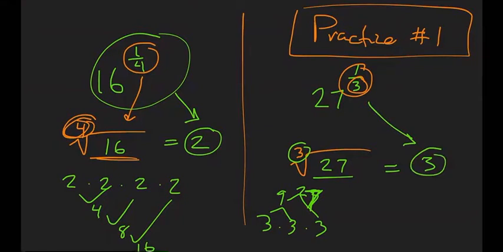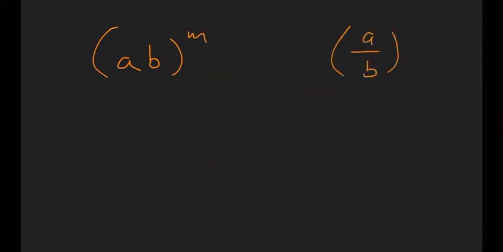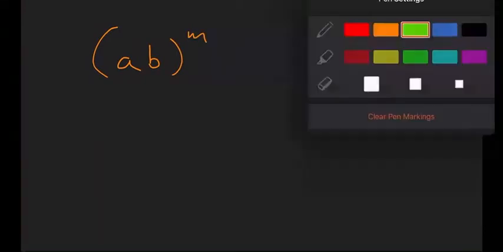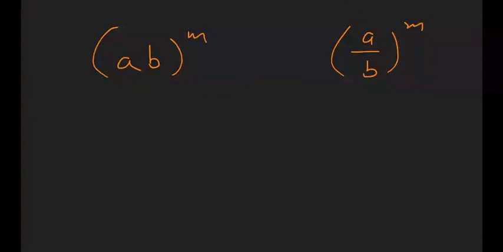So that's something we're going to need to know going into this. Also, one thing we want to review from yesterday, a tool that's going to help us, or a concept, is when we talked about this, when you have a product raised to a power and a quotient raised to a power. First case, you have parentheses and inside you're multiplying things. In second case, we have parentheses on the inside, we're dividing things.